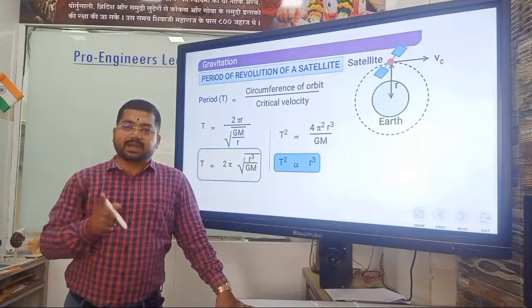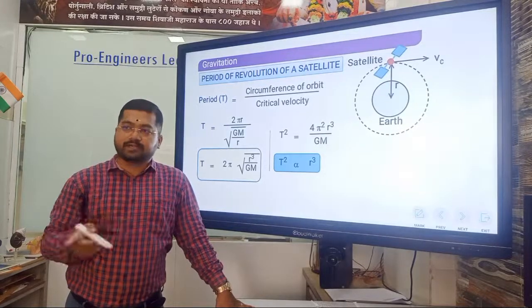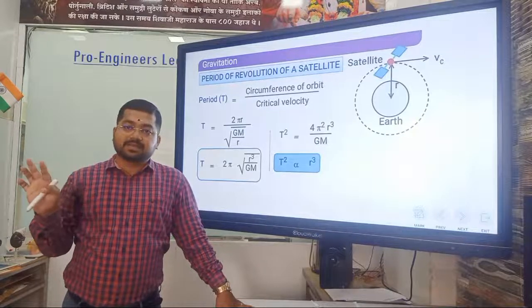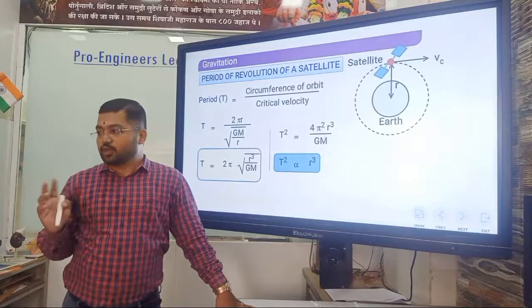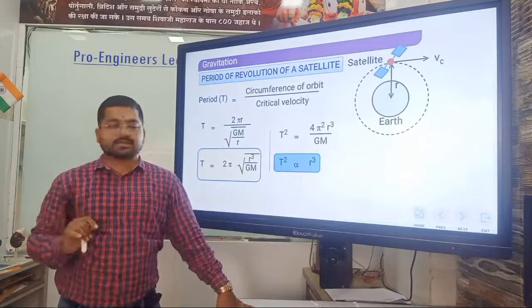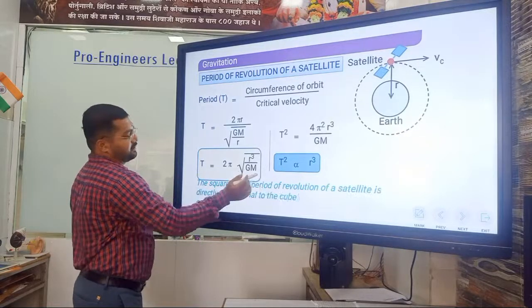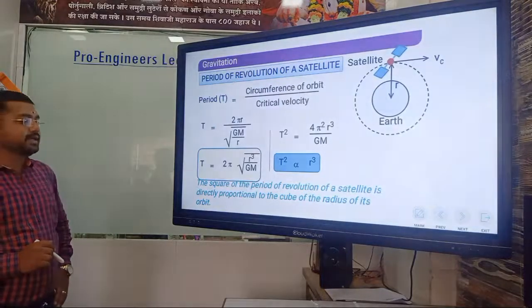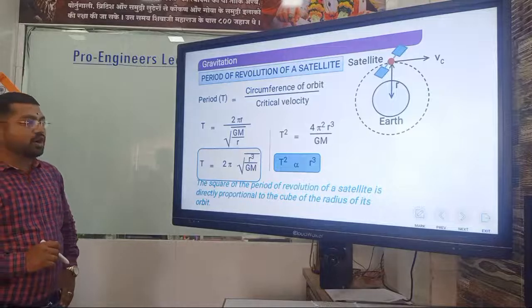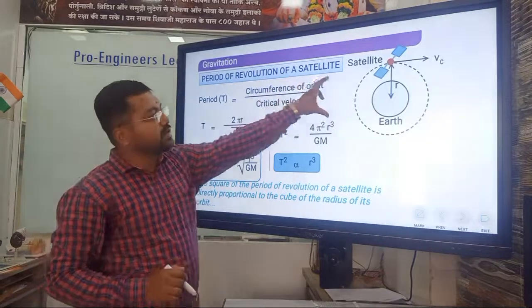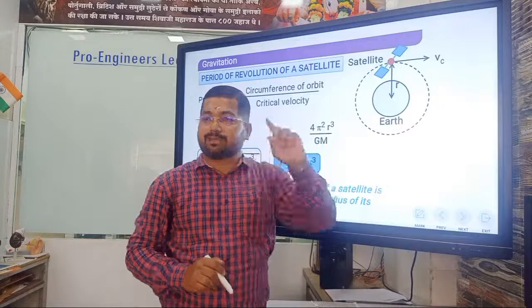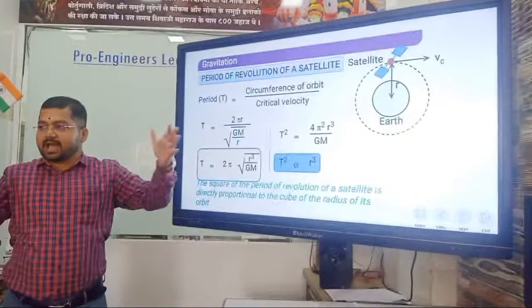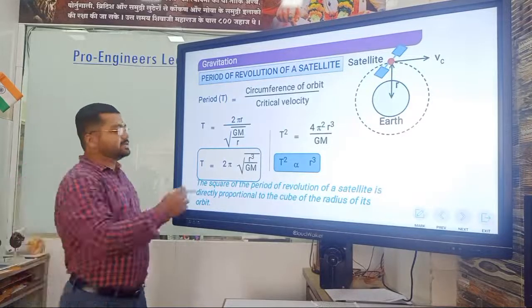The square of the time period of that revolution is directly proportional to the cube of semi-major axis. The square of the period of revolution of a satellite is directly proportional to the cube of radius of its orbit. It means जब हम लोग Kepler's law में जाते हैं तो that became semi major axis. Major axis का half semi major axis.